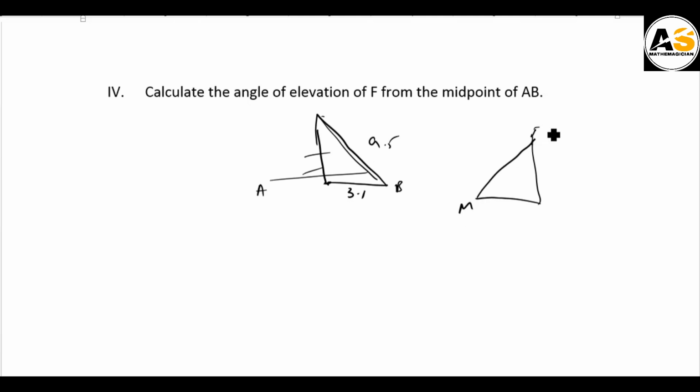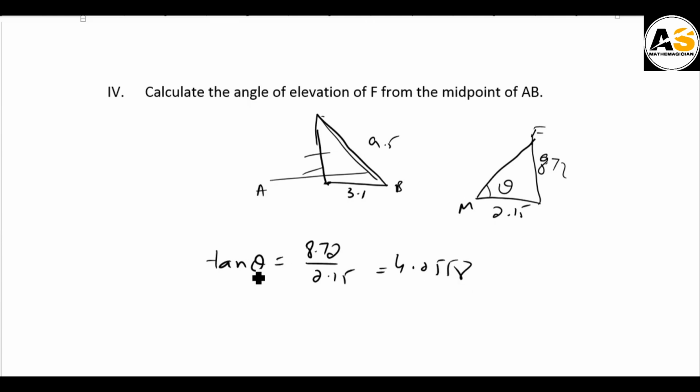This is F. This is 2.15, this is 8.72, and this angle is theta. So tangent theta will be 8.72 divided by 2.15, which is equal to 4.0558, and from here we will see theta is equal to 76.1 degrees.